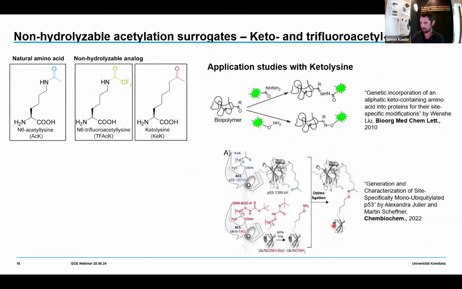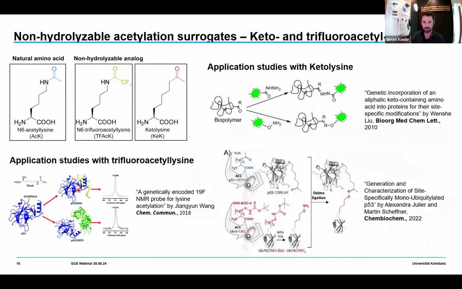More recently, our group also used ketolysine to perform oxime ligation and to generate mono-ubiquitinated P53. Also, trifluoroacetyllysine, in short TFAcK, was already incorporated into proteins via genetic code expansion using the acetyl synthetase system. And here they investigated DNA binding of trifluoroacetylated P53.